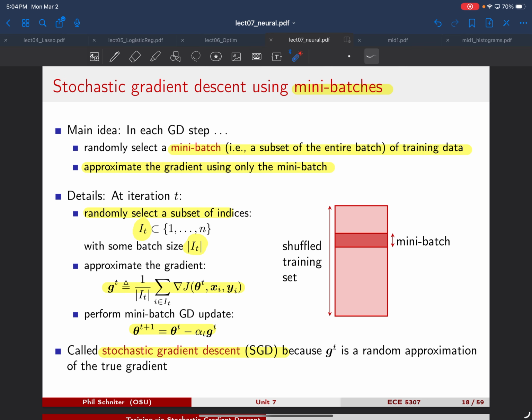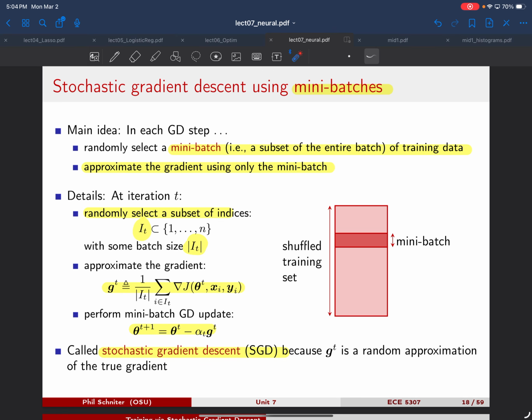That's a massive number of steps I can take for the same computation as one of these very precisely computed gradient steps. And with those 1,000, you are going to get much closer to your local minima than with one step. Does that make sense? That's the motivation here. Okay, any questions on what we're doing?